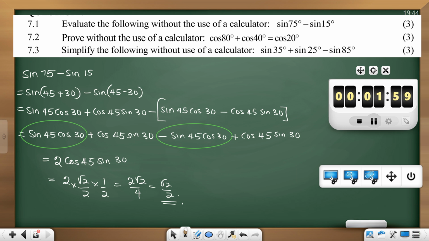Don't forget that 60 is a special what? Angle. Oh, yeah. Which you can change to a value.